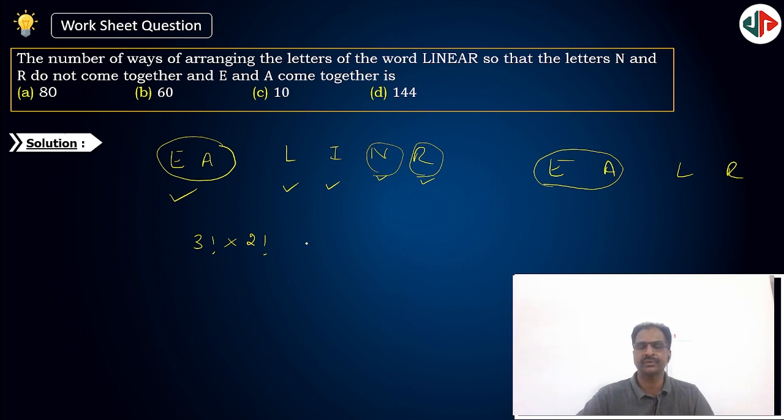So 3 factorial into 2 factorial. Since N and R should not come together, they should be arranged in between the gaps. How many gaps are there between these 3 letters? 4 gaps. 4 gaps for 2 letters, 4P2. So 6 into 2 into 12, which is 144. Option D.